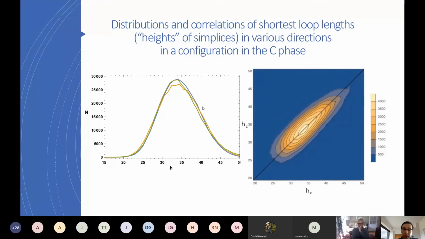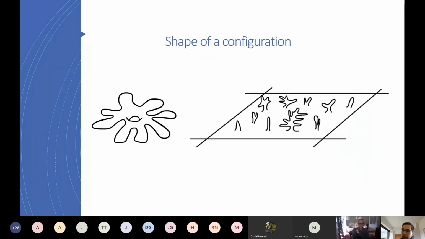But here we have the whole distribution, and also, interestingly, the shapes for all directions are very similar, and there are very strong correlations. If we make a plot with a two-dimensional histogram with heights in two different directions, then we see that they are very strongly correlated. So how do we explain this shape of those plots?